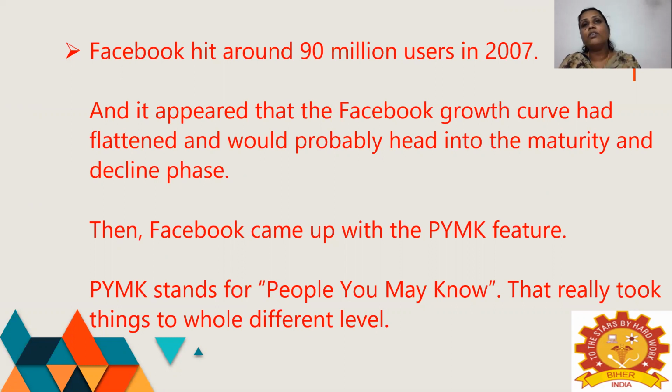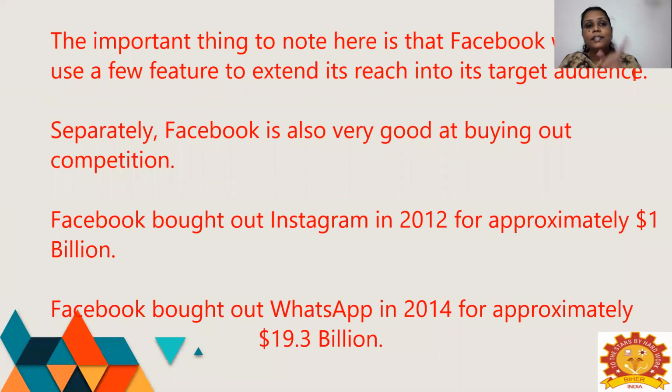The important thing to note here is that Facebook was able to use a feature to extend its reach into its target audience. And separately, Facebook is also very good at buying the competition. Facebook bought Instagram in 2012, and bought WhatsApp in 2014, so that all those users could be plugged into the Facebook ecosystem.